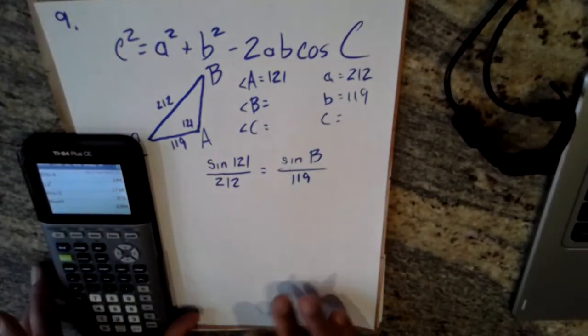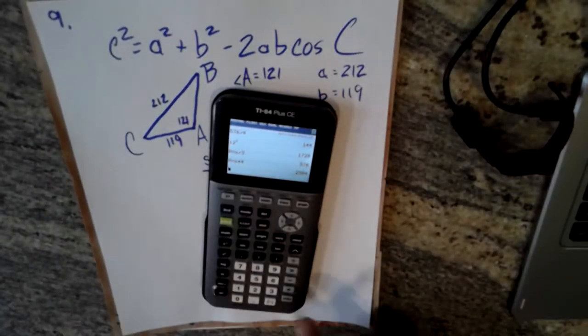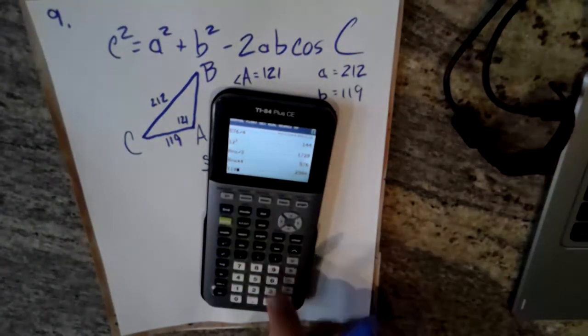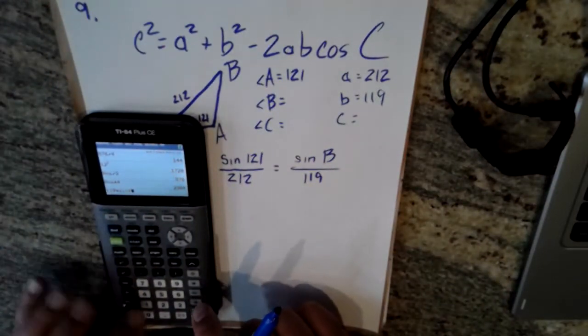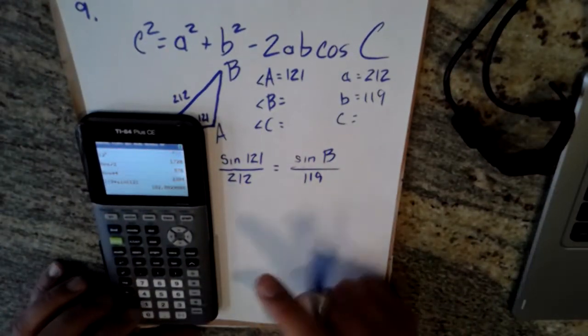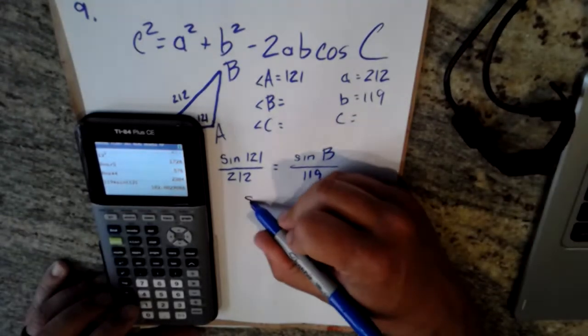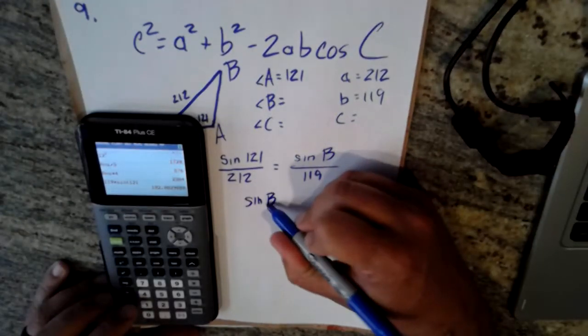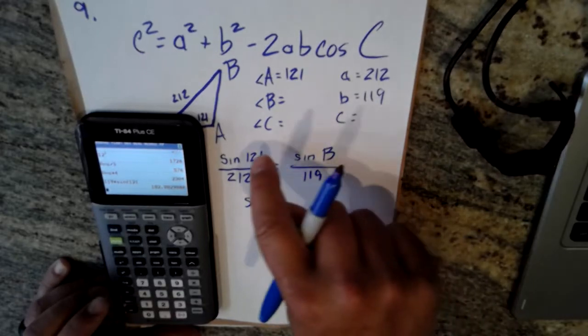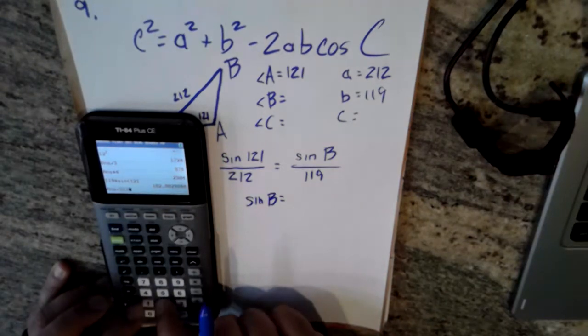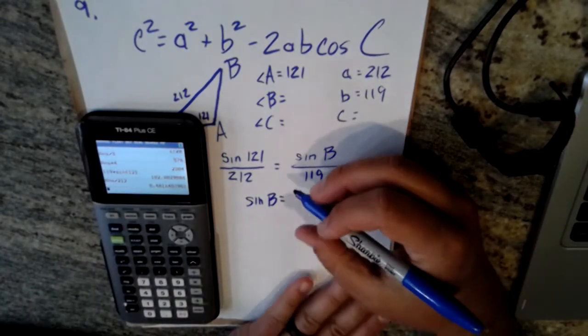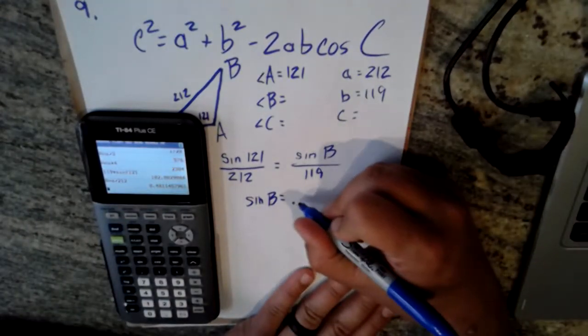So 119 times sine of 121. And then divide, and that's going to give you the sine of B. So the sine of B is 119 times sine 121 divided by 212. Notice my answer is less than 1, so that's good. That's what we wanted.